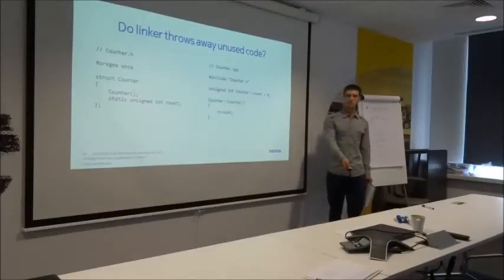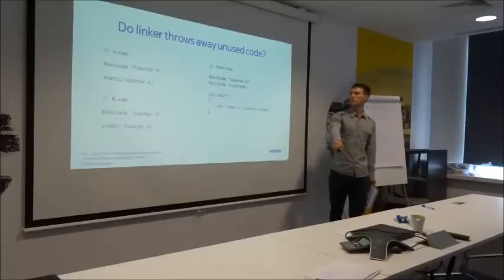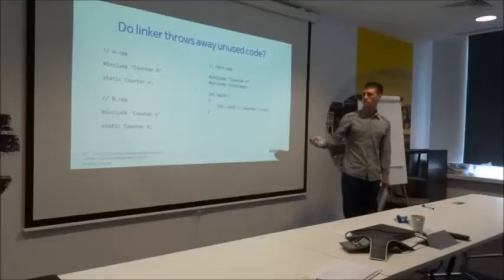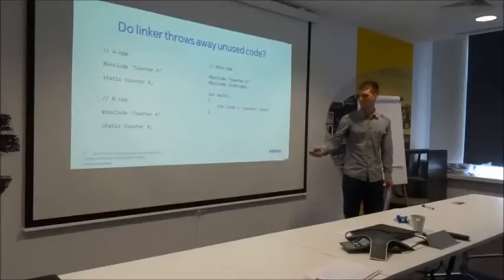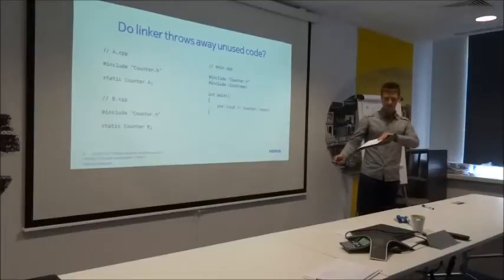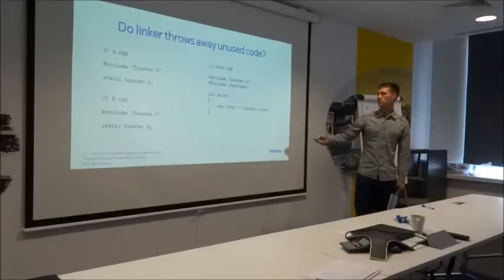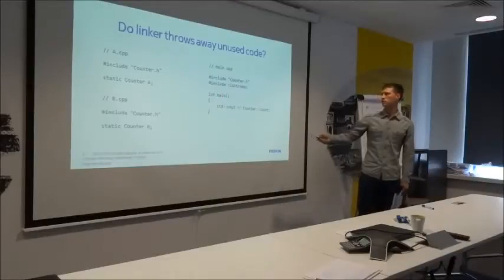This code is really straightforward. And we have a.cpp file which only declares a static instance of this class, and we have b.cpp, which also declares a static instance of class counter. And we have main.cpp. All this main function is doing is simply printing out the counter value.